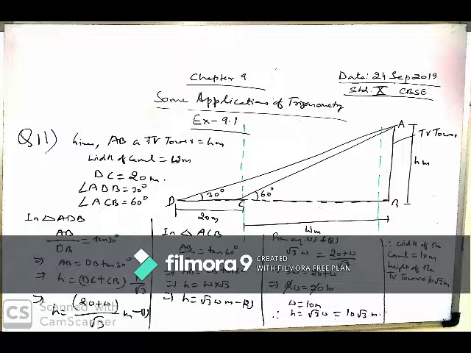So if we have CB, we can also find h, the height of the tower AB. CB is the width of the canal, so we have 10 meters, and h is equal to root 3 CB, so we can write 10 root 3. So the height of the tower is 10 root 3 and the width of the canal is 10 meters in this case.